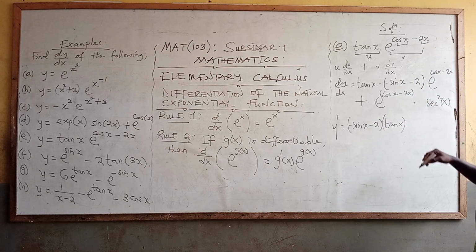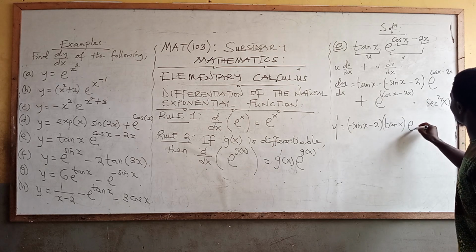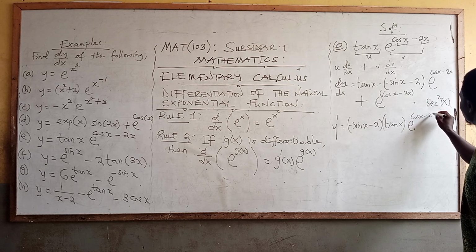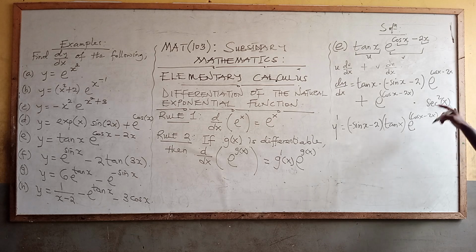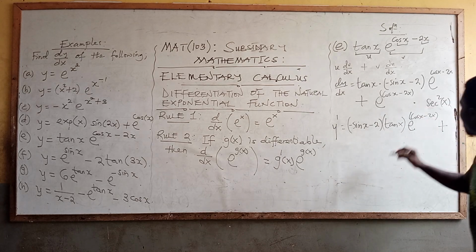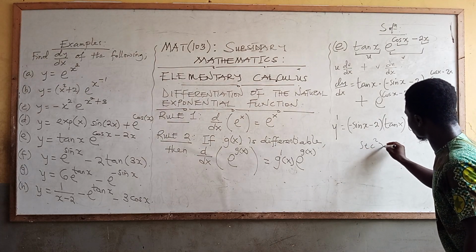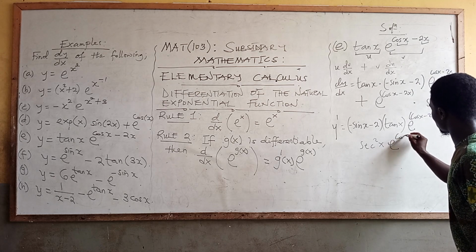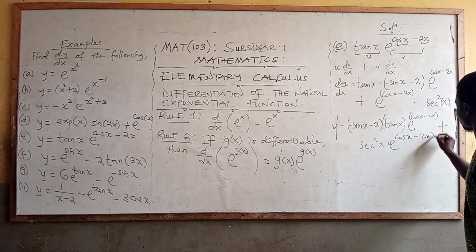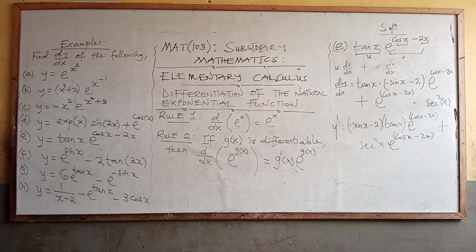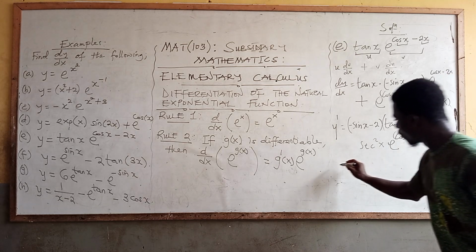Then our e exponential cos x minus 2x. Then plus our sec squared x e exponential cos x minus 2x. So we have this. It is very, very simple and very, very trivial. But still, we can still go further.